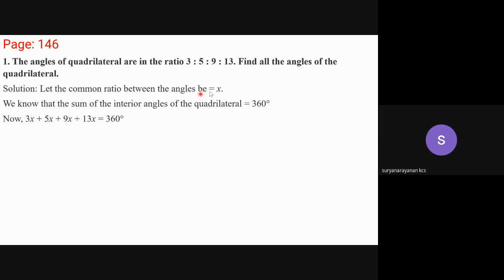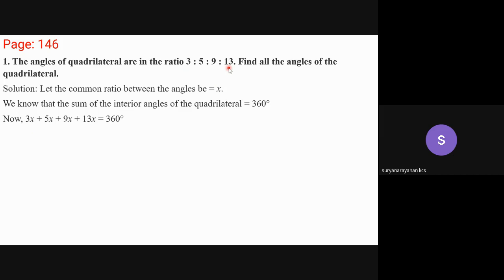We have taken the common ratio between the angles as x. That is why the first angle is 3x, the second angle is 5x, the third angle is 9x and the fourth angle is 13x.